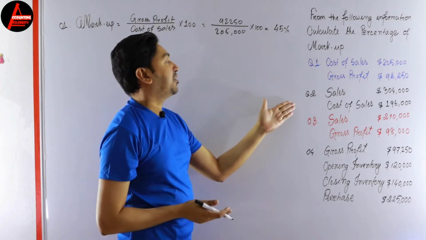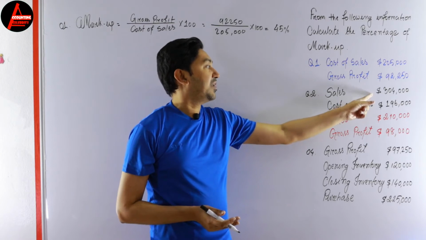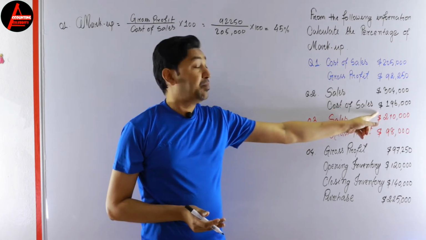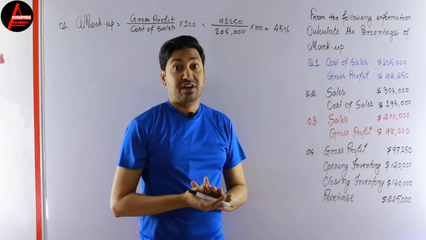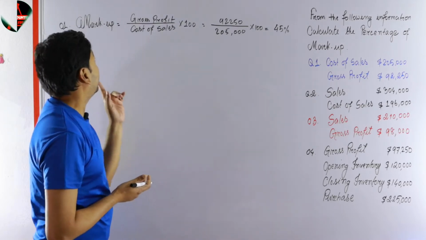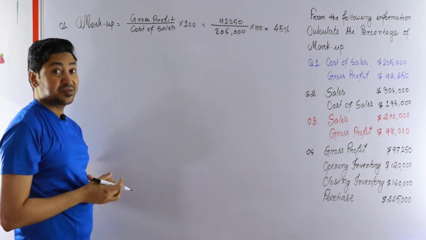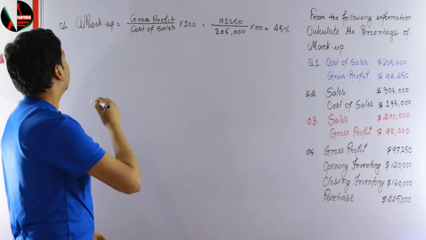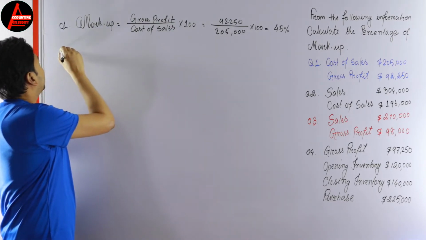But have a look at number 2. Here sales is given and cost of sales is given, but there is no gross profit. So to calculate the markup we need gross profit. Yeah, so let us do it. Number 2 is here.